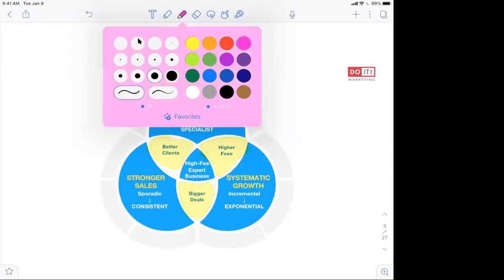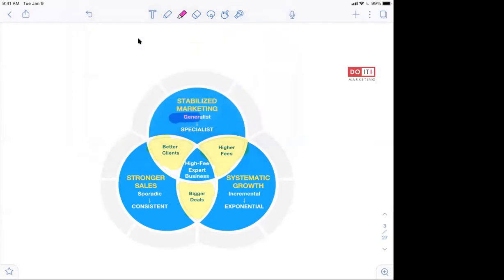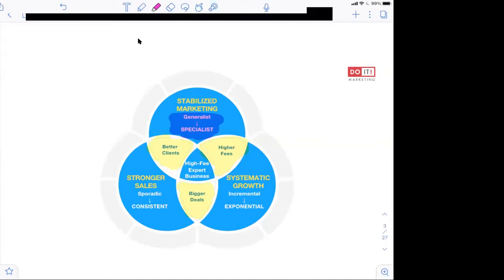So what we really need to do here is move from generalist positioning to expert specialist positioning. If we do the marketing job right, and I'll break that down, and we'll do some more self-diagnostics on this, that's really the move for stabilized marketing.